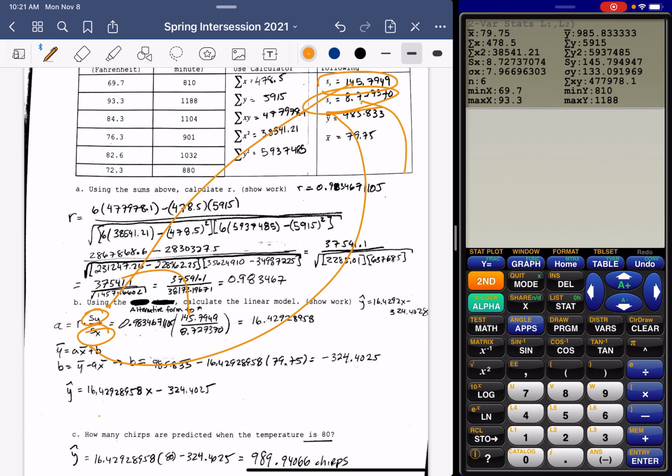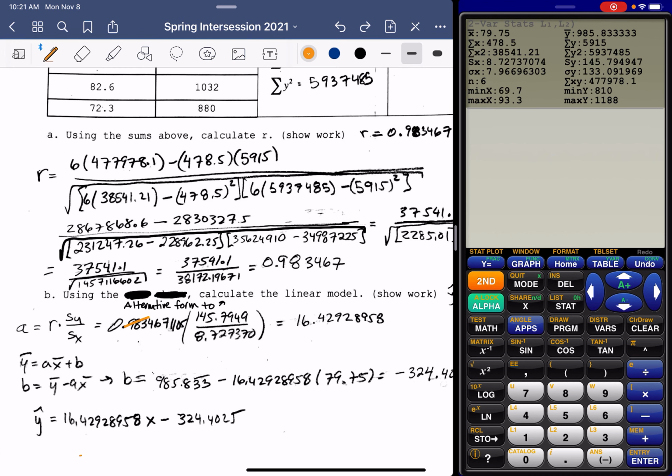SX is this number, which goes here. So we substitute the values that we have from our formula. Where do we get our formula? From the notes. And then we have this right here. We pop these numbers, we get this value here. What is that? That's going to be A. What is A? Right? Remember, it's y hat equals ax plus b. A is the slope. So you gotta keep that straight.